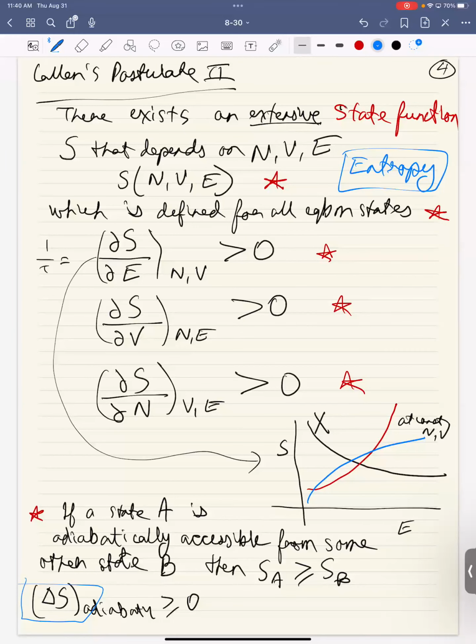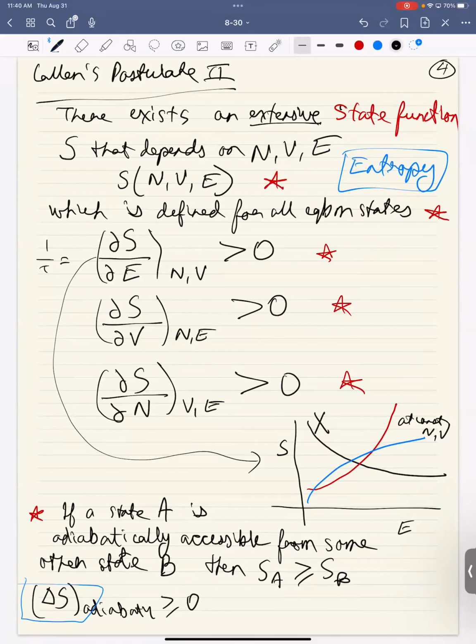And it has these nice mathematical properties, which I will give you some intuition for in the coming classes. And what is even more important, or as important, is that if a state A can be accessed adiabatically from a state B, the state function, entropy, must increase. It cannot go down, okay? It can stay the same.